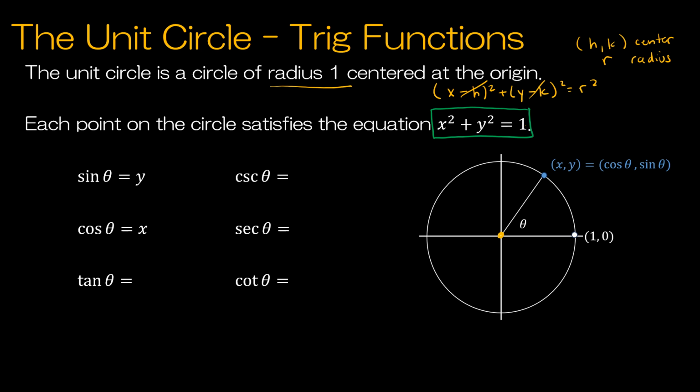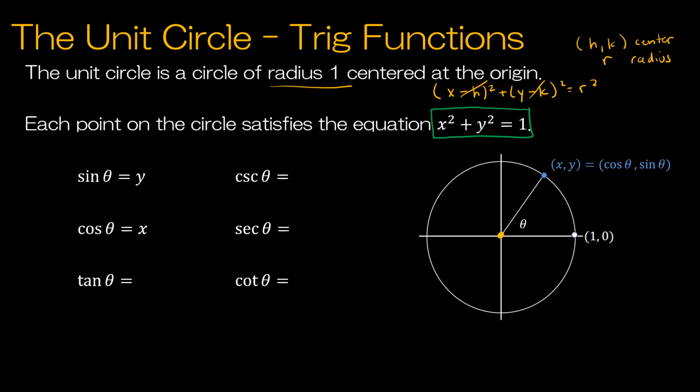Now let's take a look at why this is important. The unit circle is very important because we are able to use it to find the values of trig functions for certain values around the circle. Some easier than others, of course.